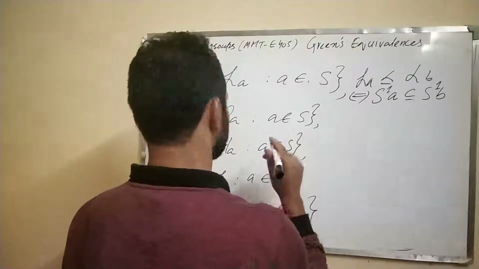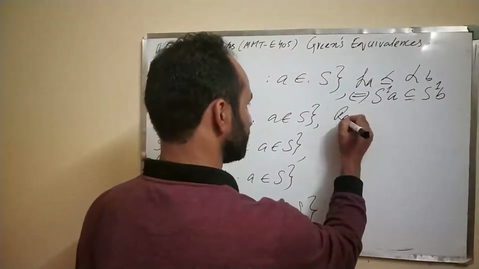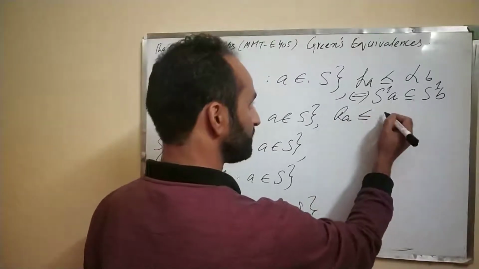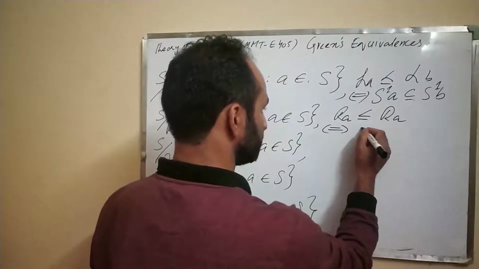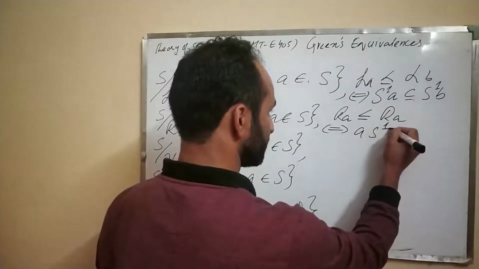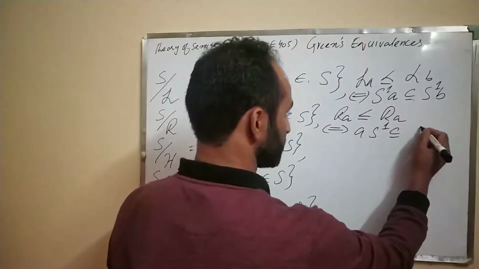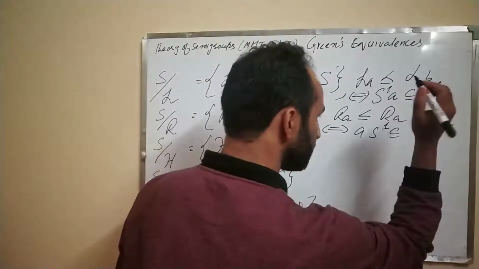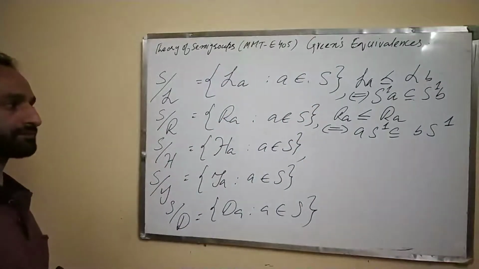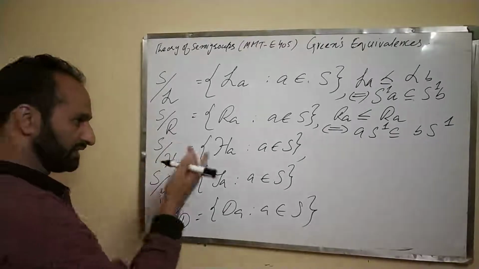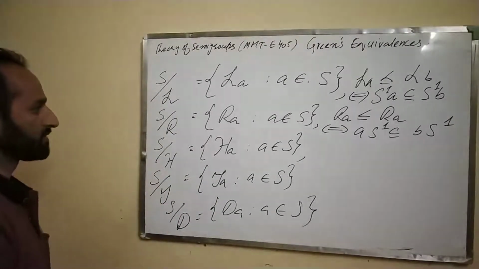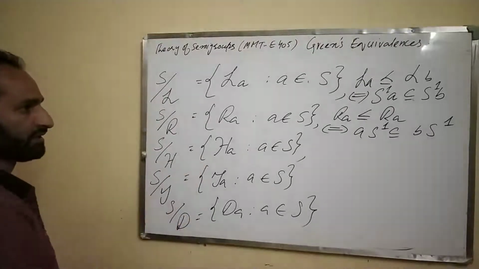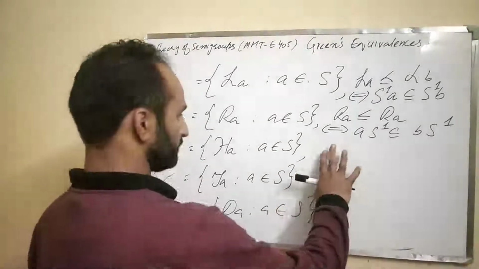And on S over R we define the relation. We say the R classes are related to each other, R_a less or equal to R_b, if and only if the right principal ideal generated by a is a subset of the right principal ideal generated by b. And on H, in a similar way, it's actually the intersection of these two, so it's a partially ordered set. So no need to define it here.